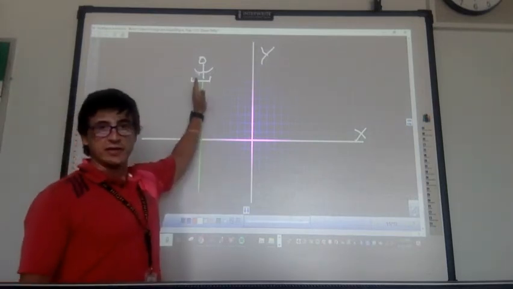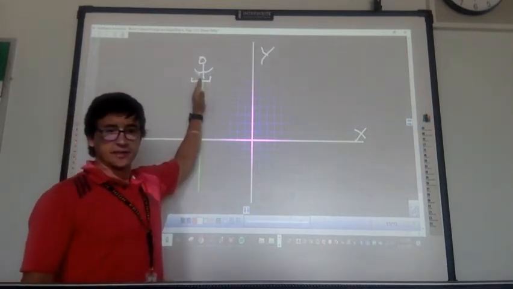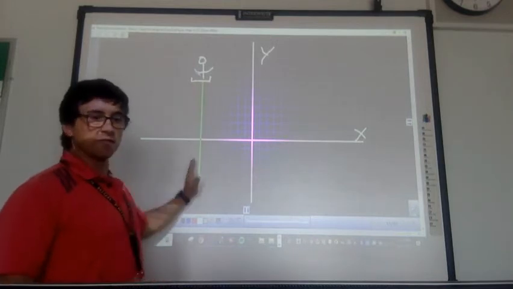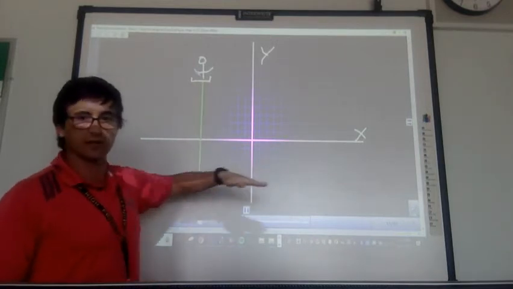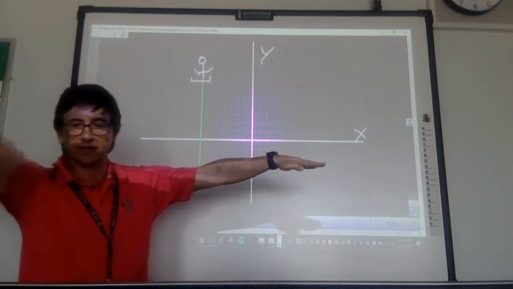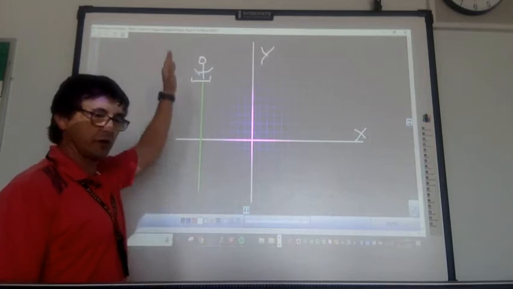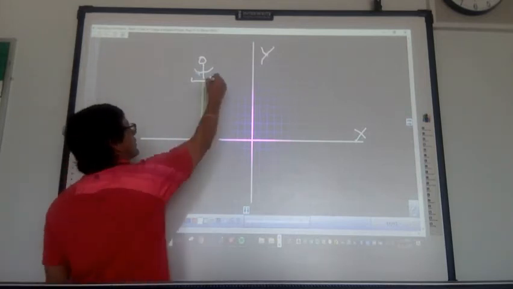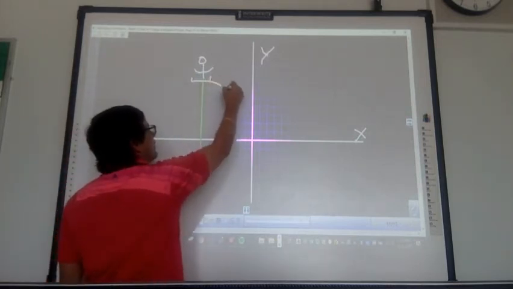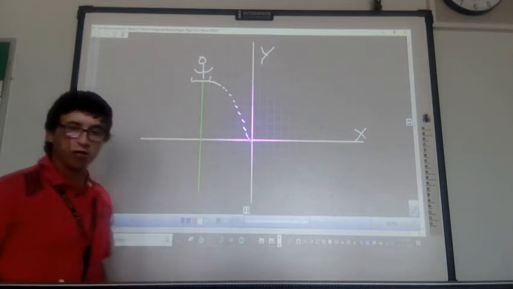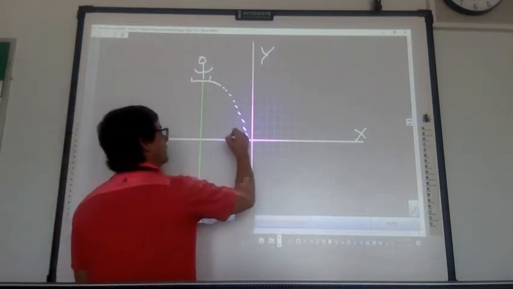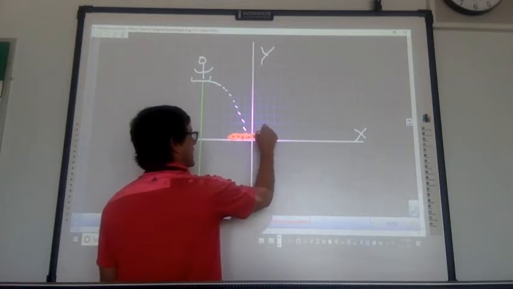He's on top of this green line. This is a vertical line, right? Horizontal goes this way. You look at the horizon out your window, that's horizontal, right? Vertical, up and down. So this little snowboard dude takes a big jump, smashes onto the x-axis.